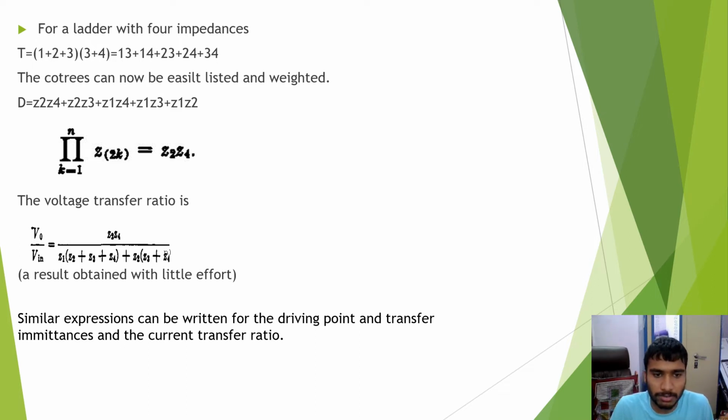This is a result obtained with a little effort, according to the author of the book which I previously mentioned, from which this topic was taken. Similar expressions can be written for the driving point and transfer impedances and the current transfer ratio. Let's move on to the next slide.